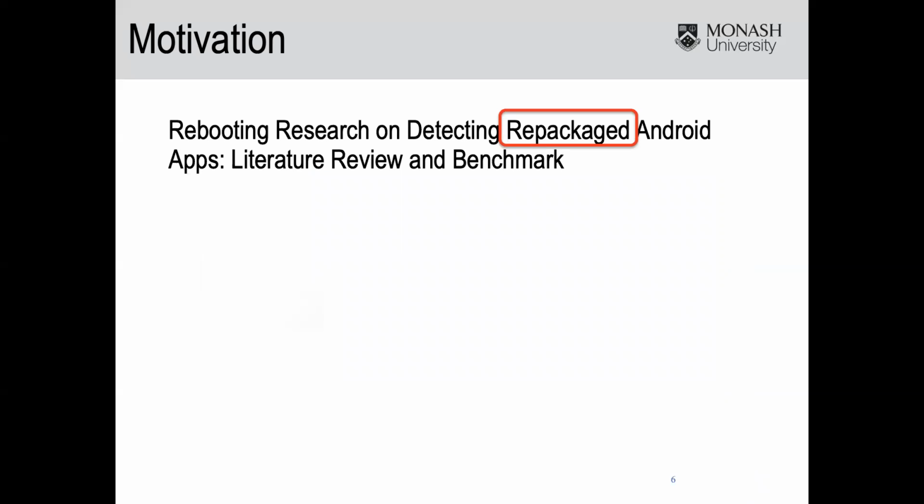And in our work, we are interested in one of the most common types of attacks, which is named repackaging attack. So what is repackaging in Android? Let's assume that this guy represents a popular Android app, which is also known as the original app.